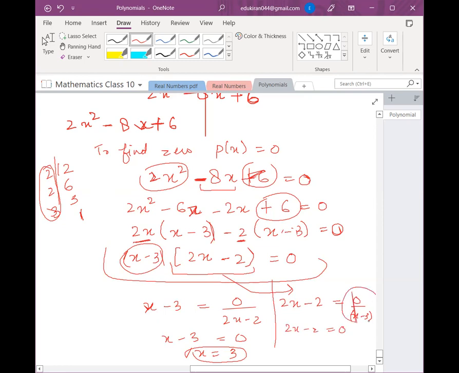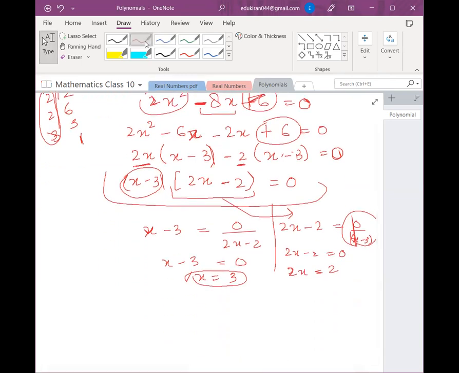You can skip this step, I'm just saying it to explain. You can directly write 0. So here, take 2 common or don't take 2 common, 2x is equal to 2, so x is equal to 2 by 2, and x is equal to 1. Clear? So 3 and 1 are the two zeros of this polynomial.